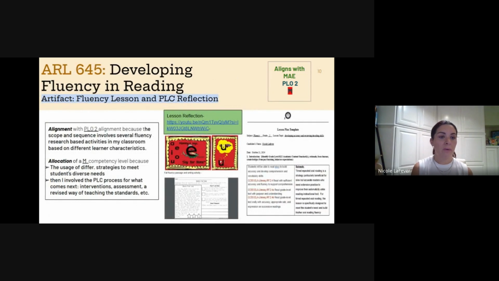PLO2 is also described in my artifact from ARL 645, Developing Fluency in Reading. This is a fluency lesson, and I also included that PLC reflection.